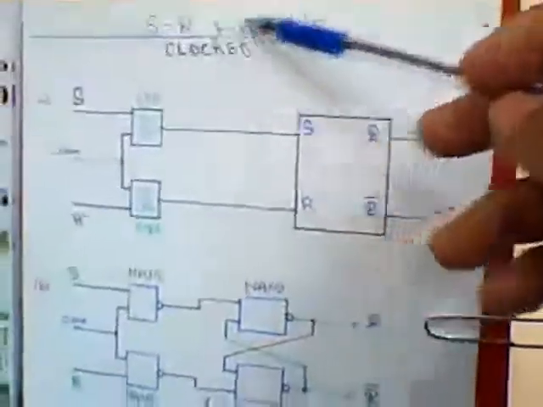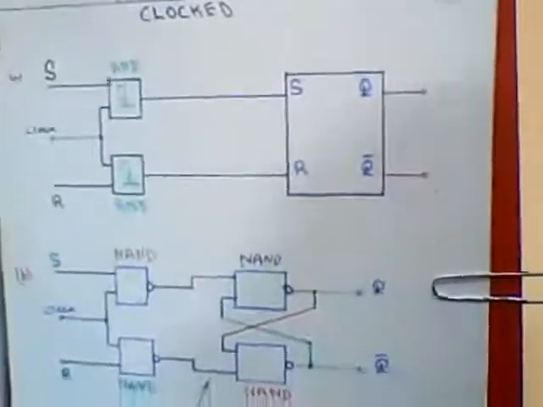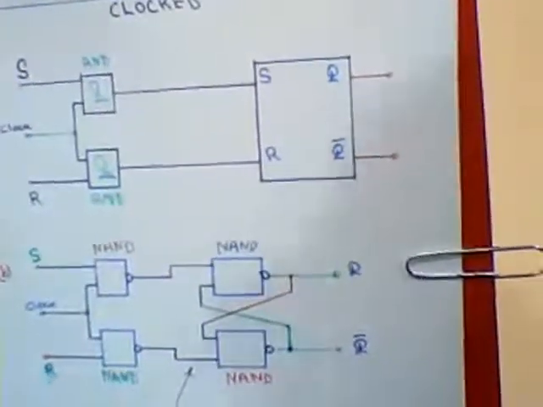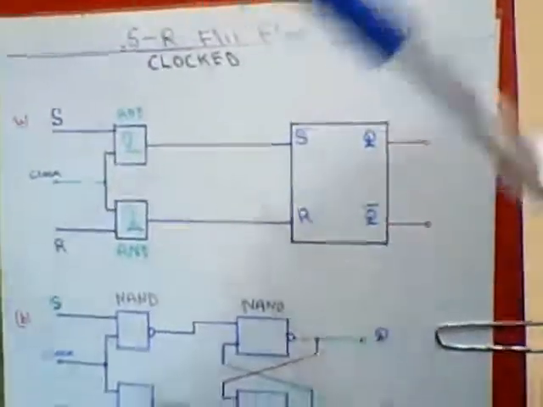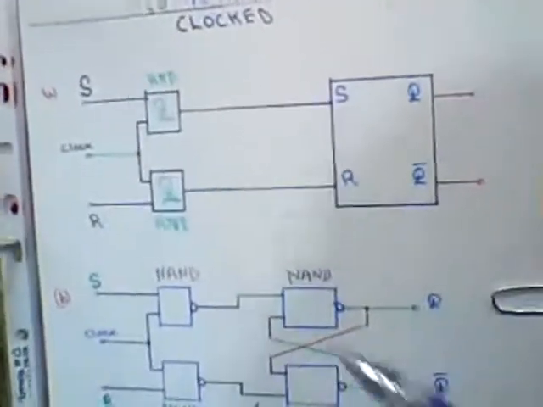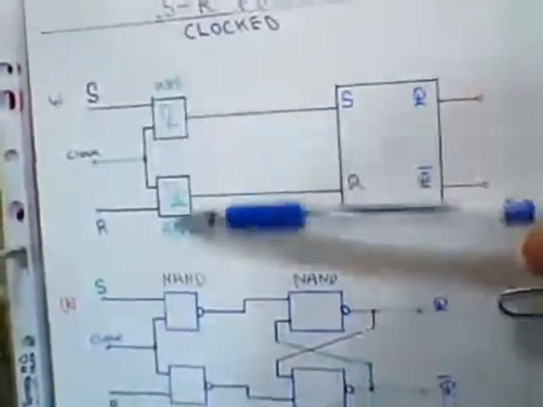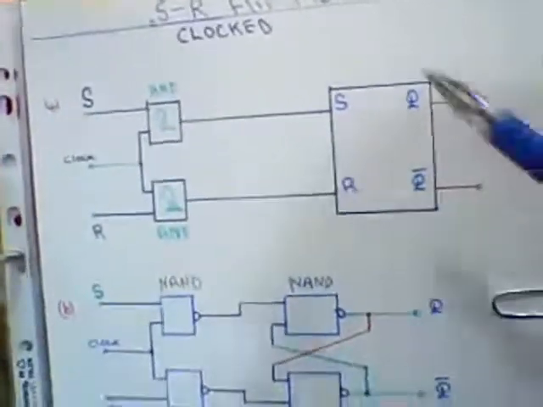Here we have SR flip-flop clocked. I have information showing you how a clock system works, and I will try and bring that up next one I do. These are again SR flip-flops, and I'm showing you here how logic gates have been used to create them.